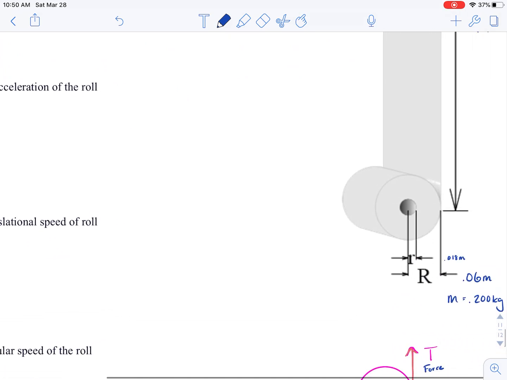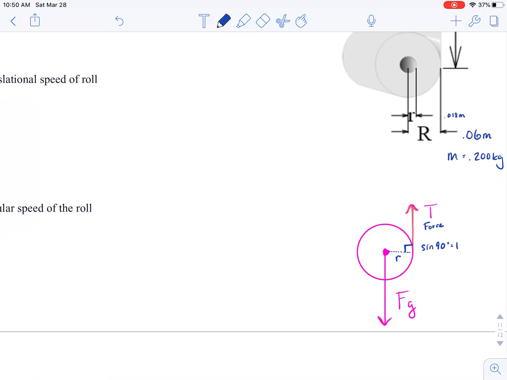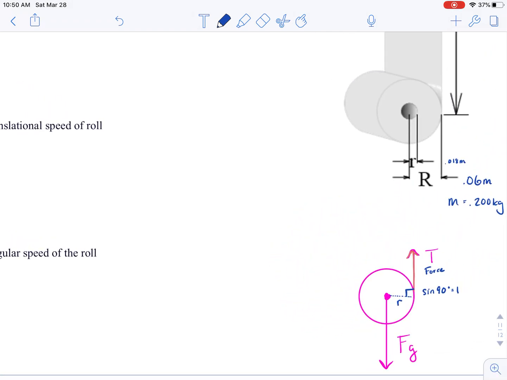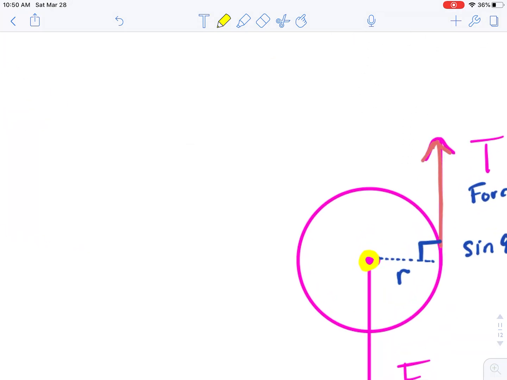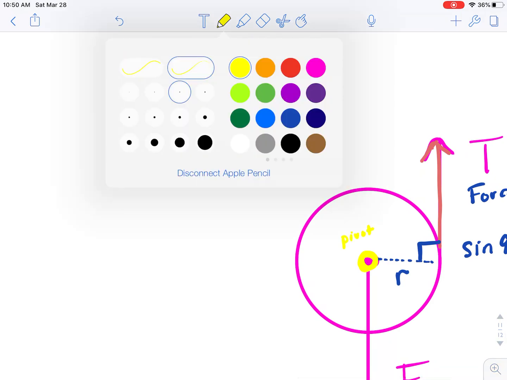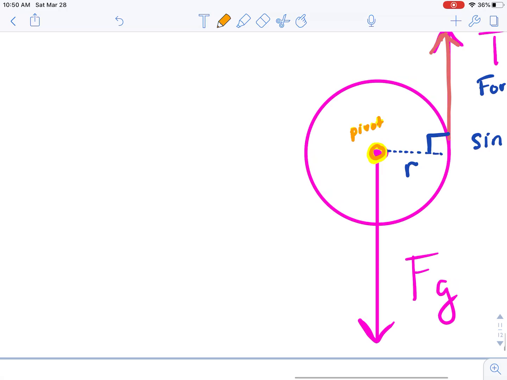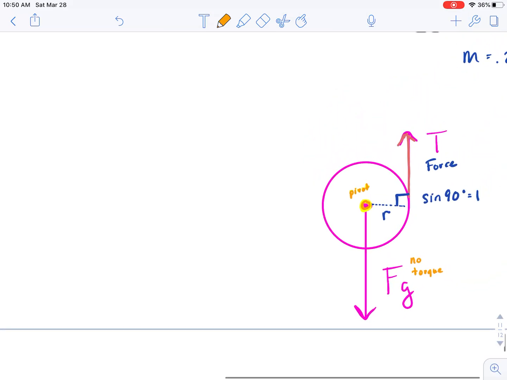The F, the force that causes the rotation, is the tension force. The gravitational force is actually happening at the center of gravity. This is my pivot. So there's no torque being created by the gravitational force.